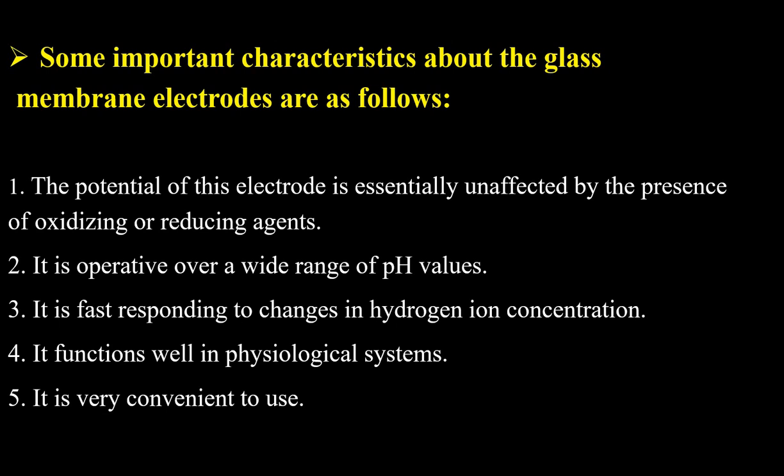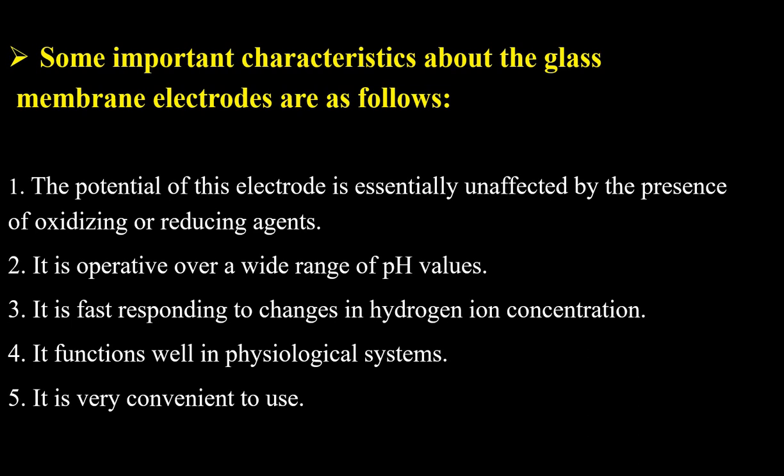Some of the important characteristics of the glass membrane electrode are as follows. We'll consider them one by one. The potential of this electrode is essentially unaffected by the presence of oxidizing or reducing agents. Second, it is operative over a wide range of pH values.